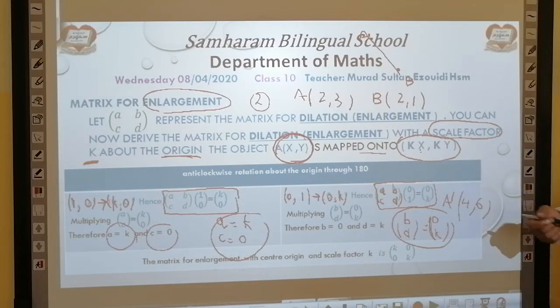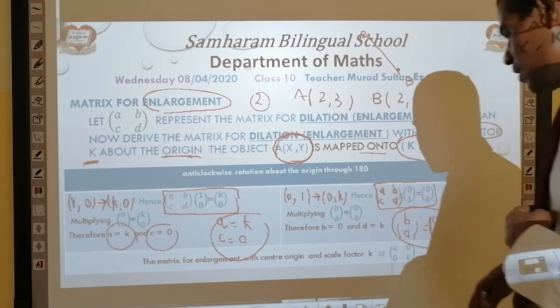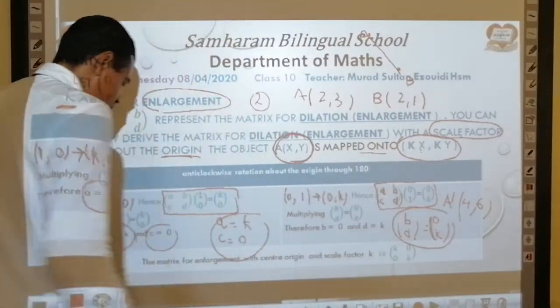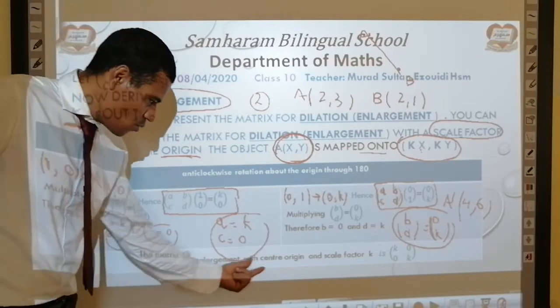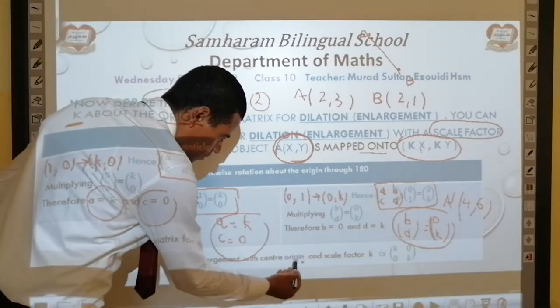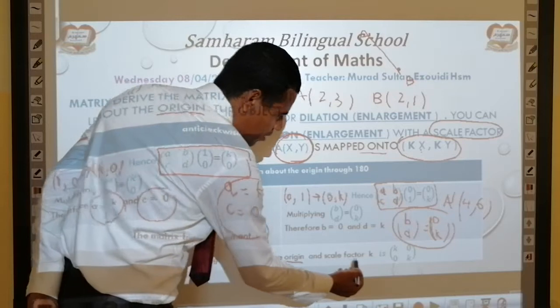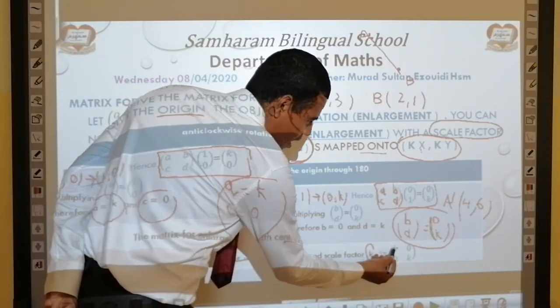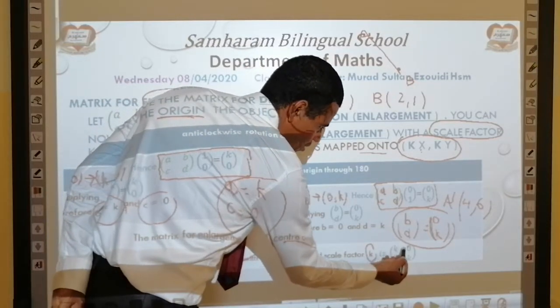So I can write my matrix for dilation or enlargement about the center, with a scale factor of k. So we can write that. The matrix for enlargement with the center origin and the scale factor k is k, 0, 0, k.